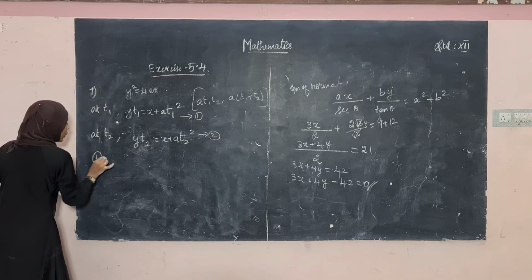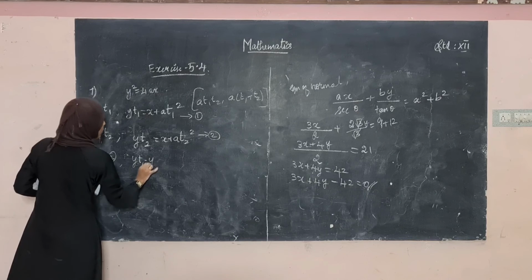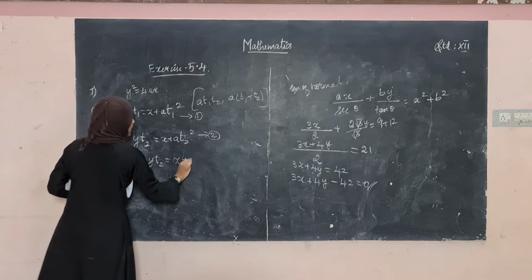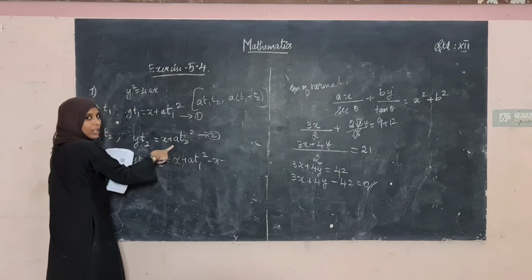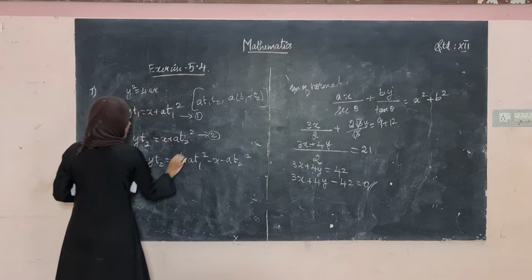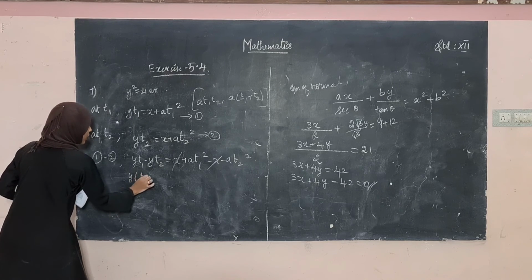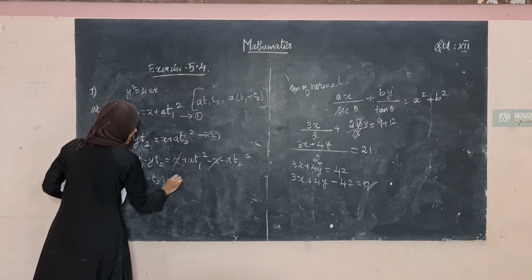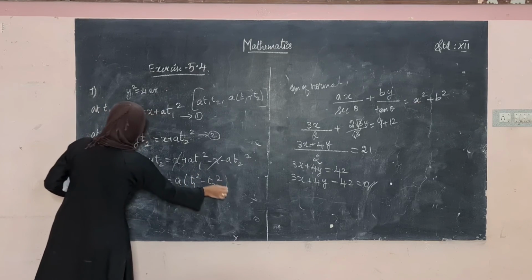We can do 1 minus 2, subtract 1 and 2. Y into T1 minus y into T2 is equal to x plus a into T1 square minus x minus a into T2 square. So what happens? This x and this x get cancelled. Taking y outside, y into T1 minus T2 is equal to, and here taking a outside, a into T1 square minus T2 square.